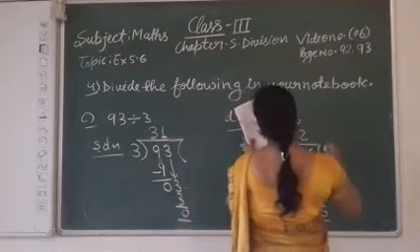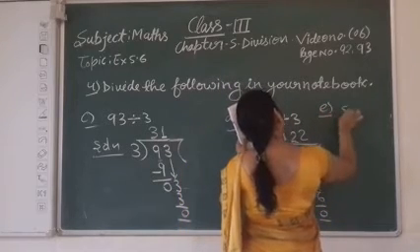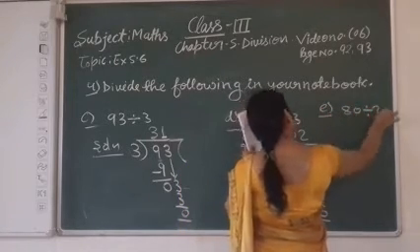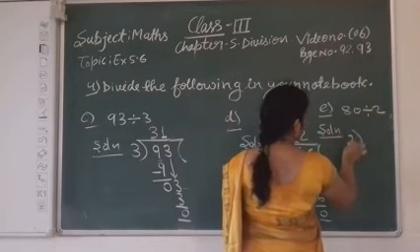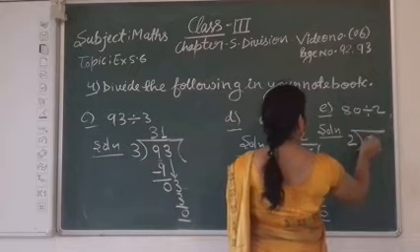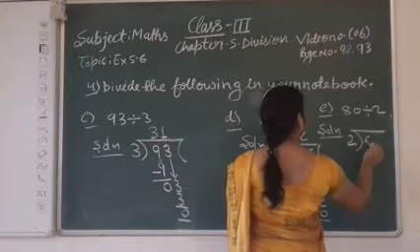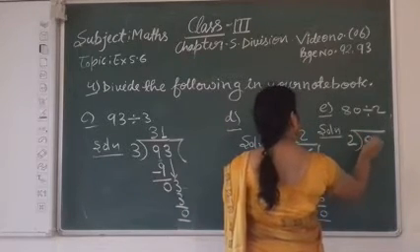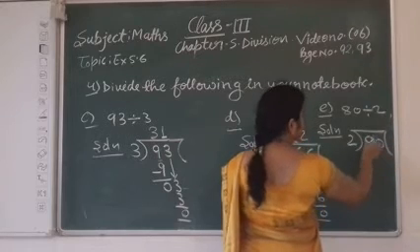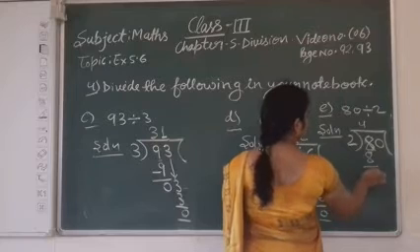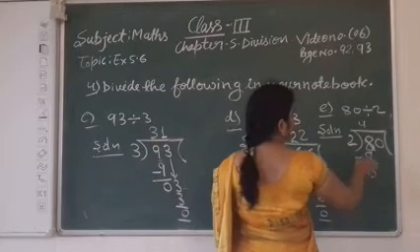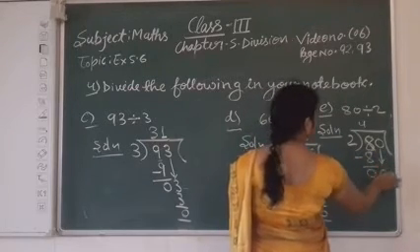Then E part is 80 divided by 2. Now divide 80 by 2. 2 4s are 8. Subtract. And then bring down 0.